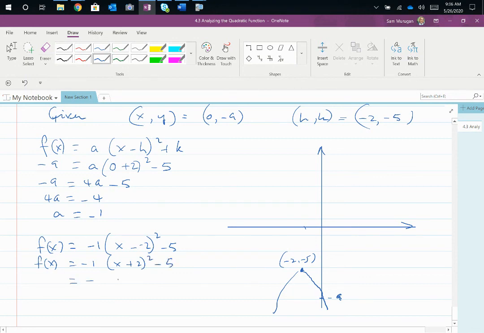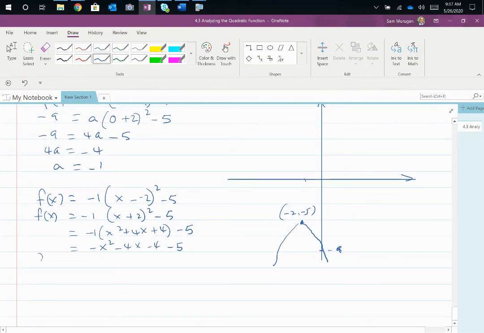Make sure that you do FOIL on x plus 2 times x plus 2 to give you x squared plus 4x plus 4, minus 5, and then distribute your negative 1. So negative x squared minus 4x minus 4 minus 5, to give your equation, f of x is equal to minus x squared minus 4x minus 9.